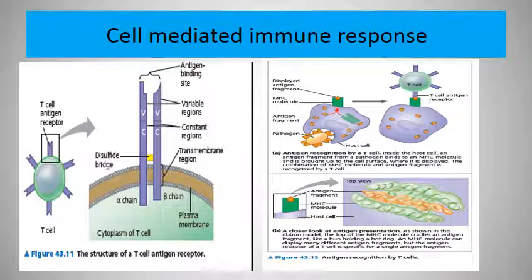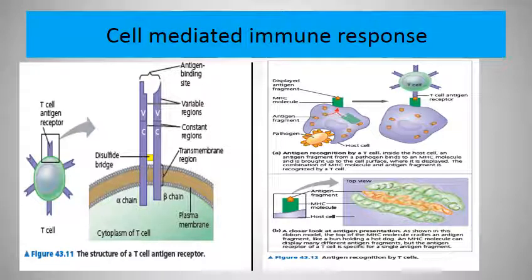Therefore, when it is displayed like that, these T cells can come and attach. The antigen receptor can bind to the MHC molecule which is carrying the antigen fragment. Okay, so this is how the T cell is able to identify the antigen.